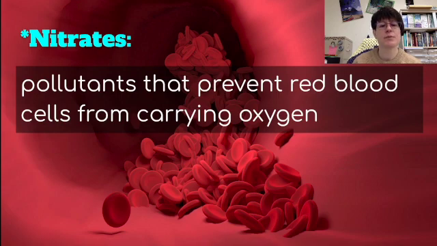And nitrates are pollutants that prevent red blood cells from carrying oxygen. A lot of times there is excess buildup of nitrate from fertilizer that can get into our water systems. This was an issue over in Clymer, where children, especially infants, who were consuming the water in a certain area, had nitrate get into their wells.